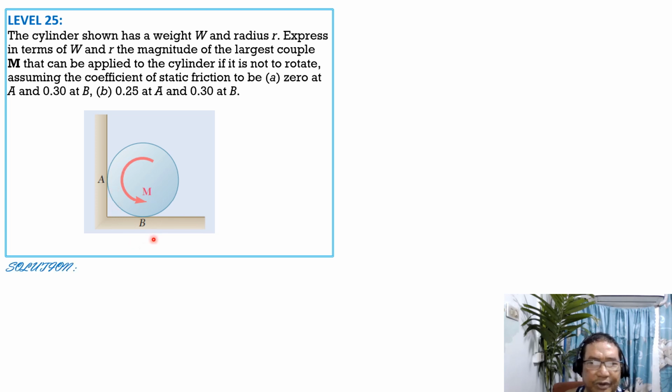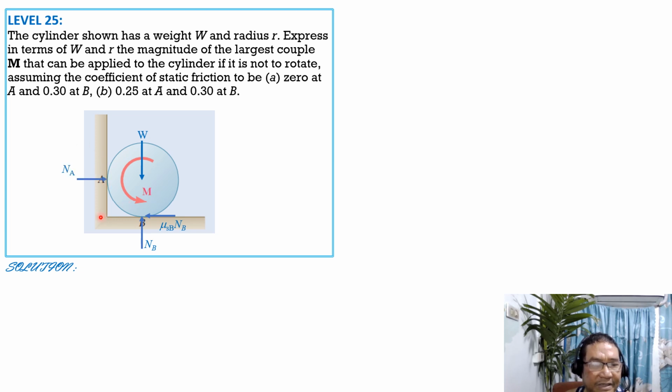So for the solution, let's have the weight first applied at the center. Then the normal reaction at B, call that N sub B. Friction at B, which is to the left, opposite to M, is mu sub SB times N sub B. Then we have the normal reaction at A to the right.